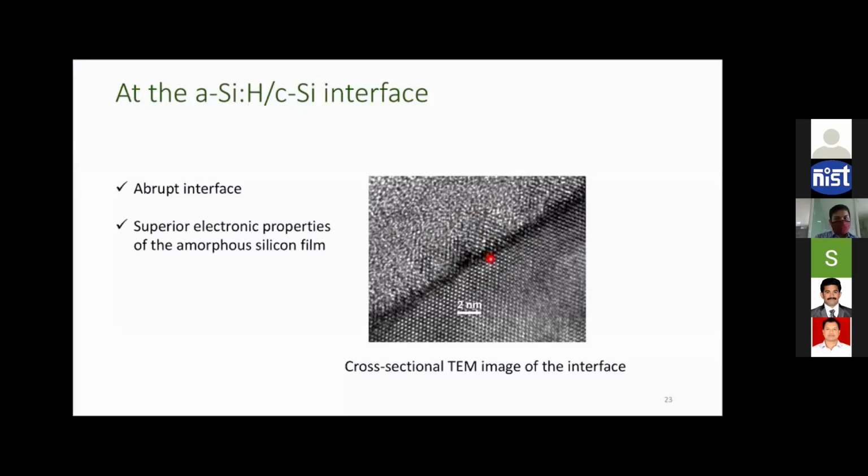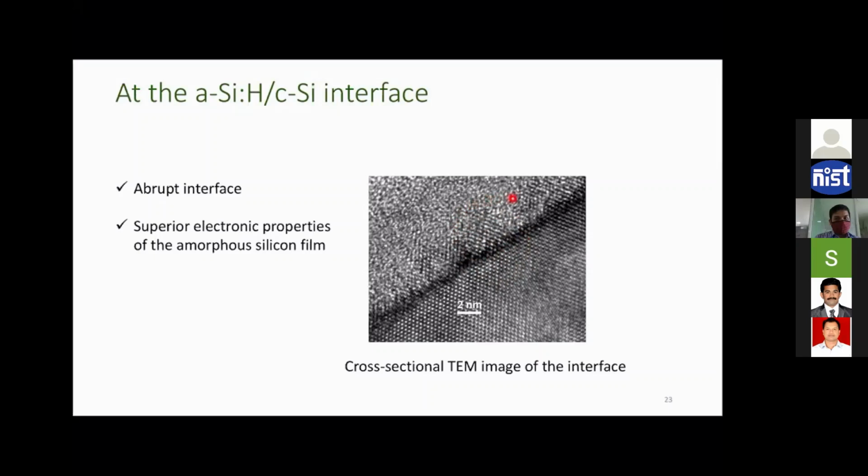Another disadvantage of this epitaxy is that you are forming again a crystalline silicon on top of your crystalline silicon. So there is no heterojunction. If you have epitaxy at the interface, it is a junction between a crystalline silicon and a crystalline silicon, so the advantage of introducing a heterojunction is missing.